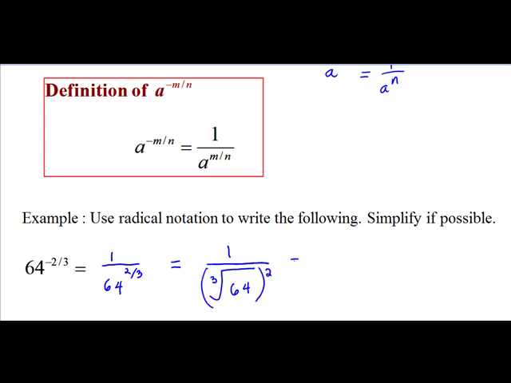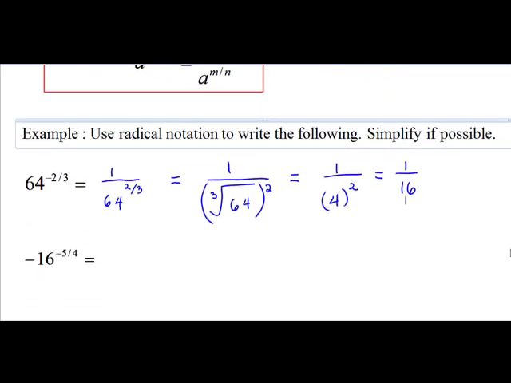I'm going to simplify this. The cube root of 64 is 4, because 4 to the cube power is 64. Therefore the cube root of 64 is 4. Now you have 1 over 16 as the answer.